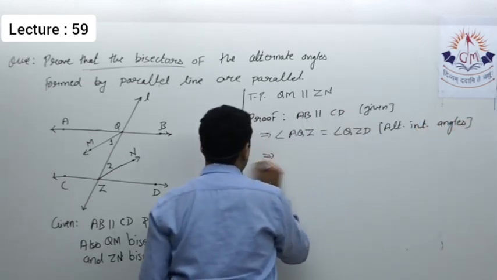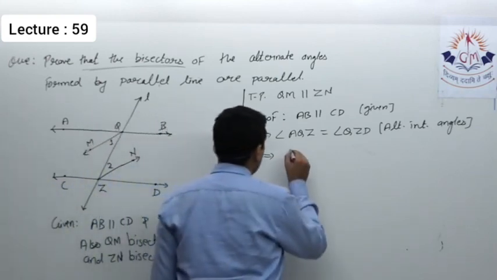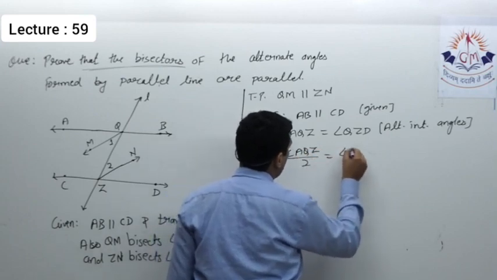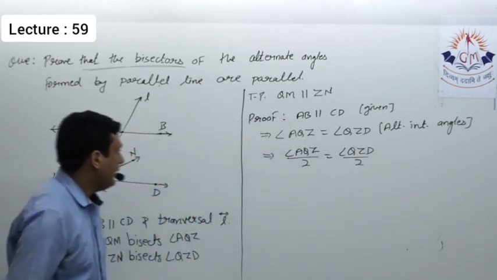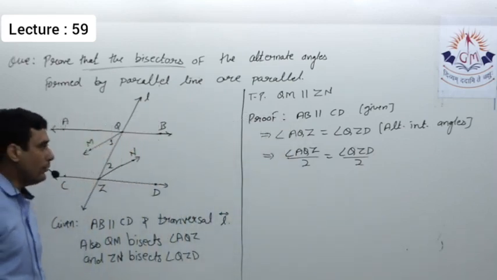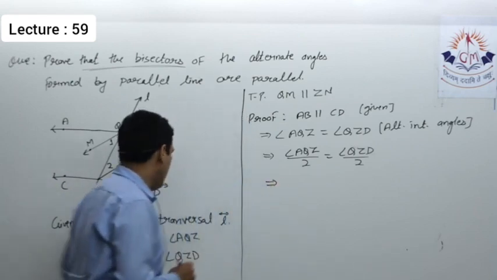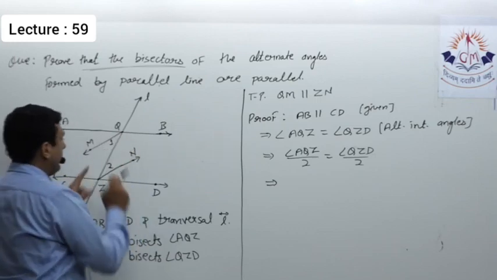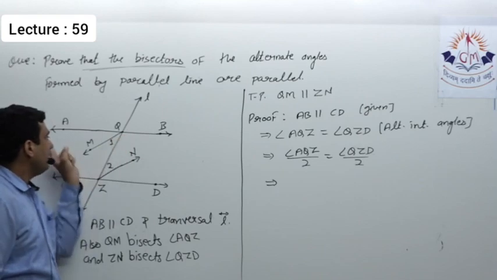Now these two angles are equal, so definitely we can say their halves will be equal. So here I can say angle AQZ by 2 is equal to angle QZD by 2. As the angles are equal, their halves will be equal. Now if I make AQZ half, I can say it is angle 1 because QM bisects angle AQZ.